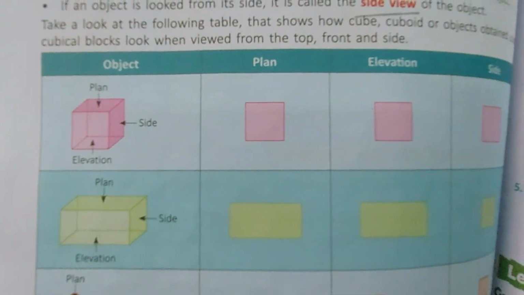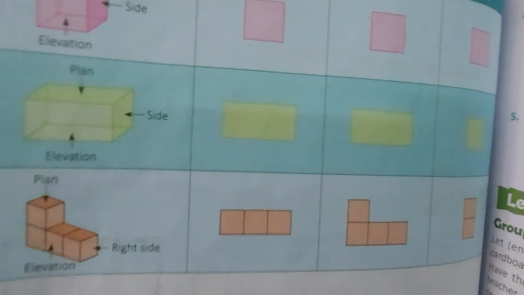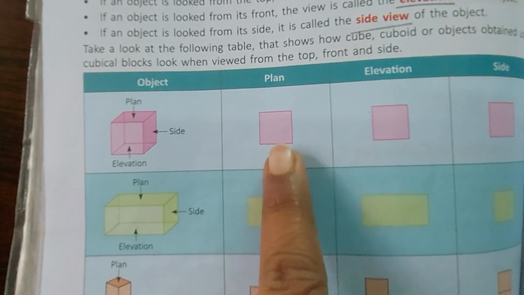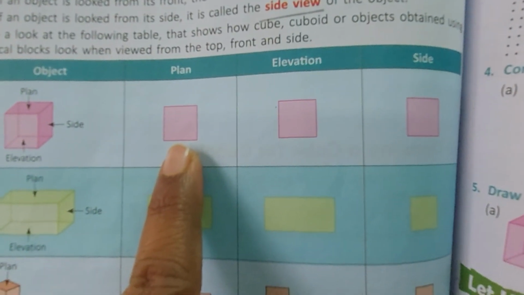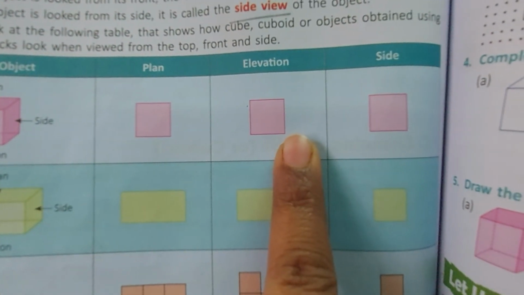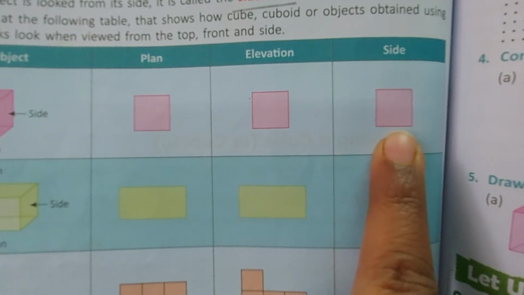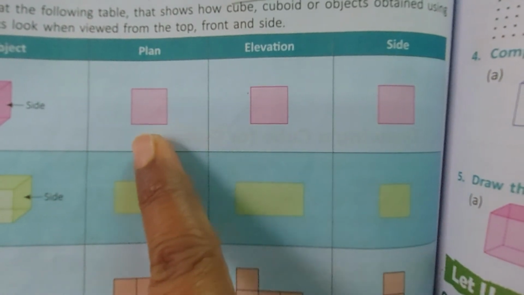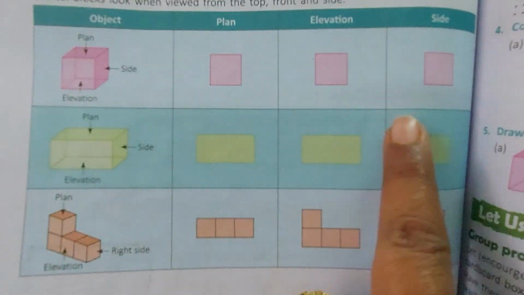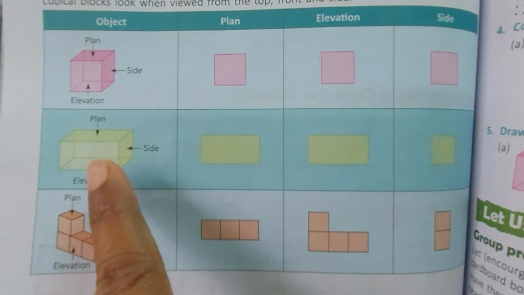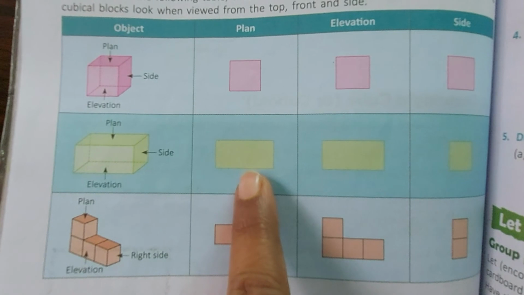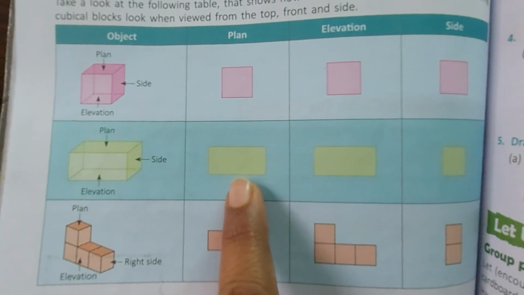Like in these figures shown, we can see, if we see the cube from the top, from the front, and from the side, all faces are squares. Same, this is in the case of a cube. And in the case of a cuboid, when we see from the top, it looks like a rectangle.